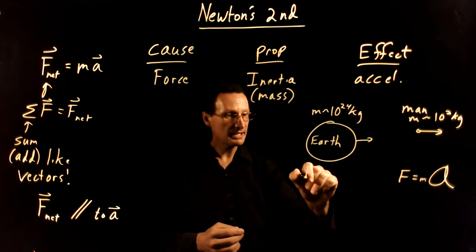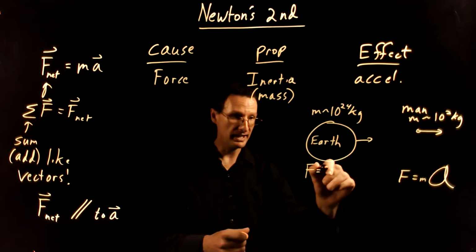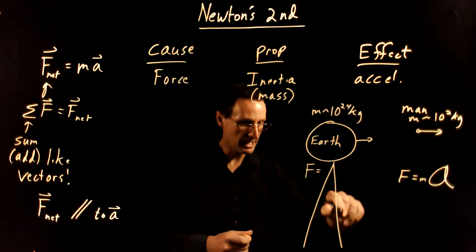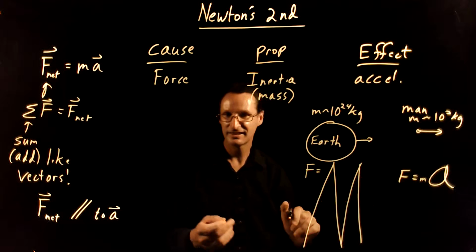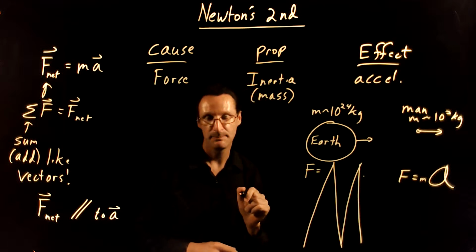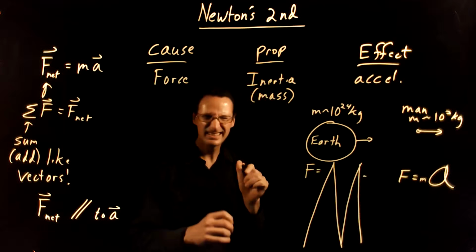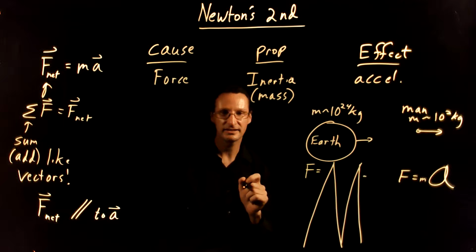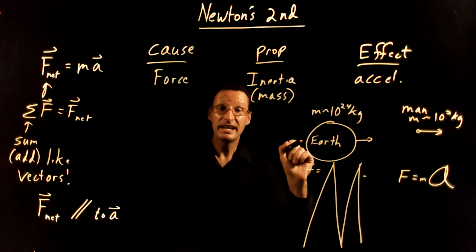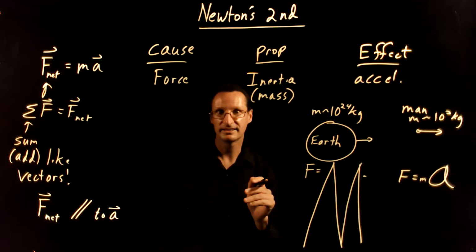If we take that same size force and use it on the Earth's mass, the Earth has a gigantic mass, and this isn't to scale here, and so the acceleration is just going to be so tiny. I'm not even going to be able to write the acceleration like that. It's just such a tiny, tiny acceleration. The acceleration, in fact, is going to be 10,000 million times smaller than the man's acceleration.